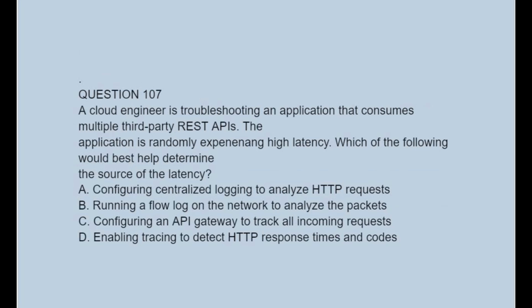Option A. Configuring centralized logging to analyze HTTP requests. Option B. Running a flow log on the network to analyze the packets. Option C. Configuring an API gateway to track all incoming requests. Option D. Enabling tracing to detect HTTP response times and codes.